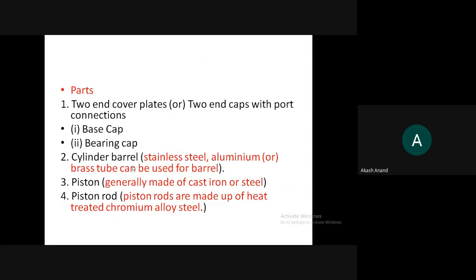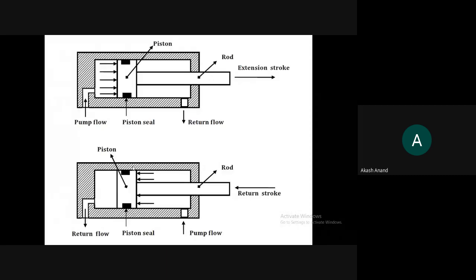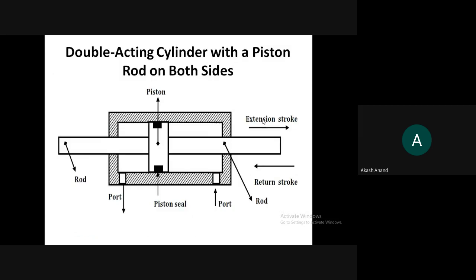One more major difference is that we get useful work in both directions in a double acting cylinder, and in a single acting cylinder we get useful work in only one direction. I think it is clear to you.